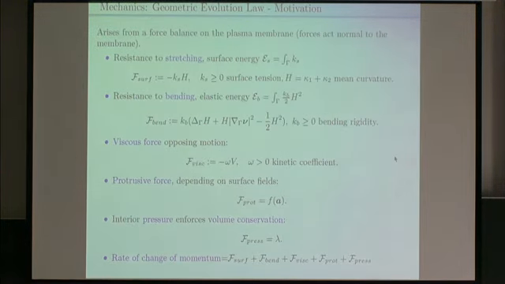Okay, so here's a geometric evolution law, which basically has a number of different elements. It has bending, surface tension, and it has a protrusion, it has a pressure term.